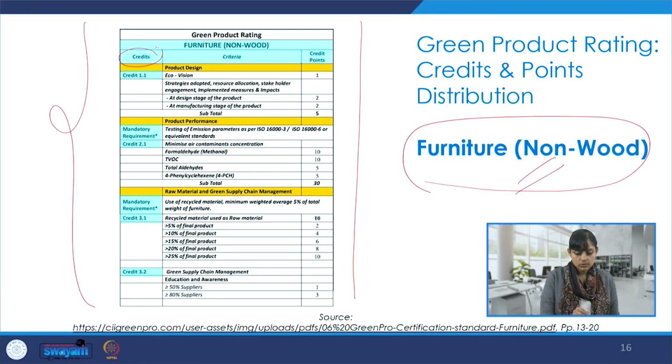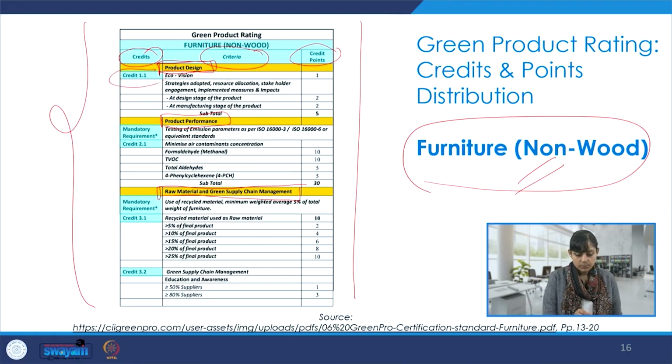So there are credits, there is the criteria, and there are associated credit points. So there are also orders such as product design, product performance, raw material and green supply management, and there are more. As we go to the next slides, we will see that.